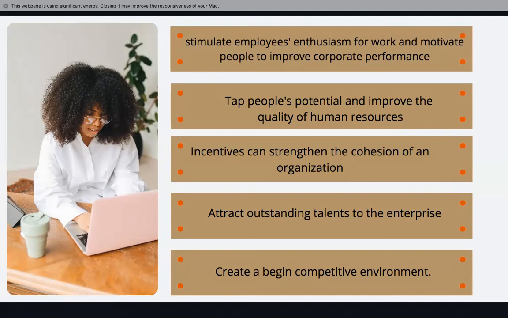Effective use of workplace incentives to mobilize employees' enthusiasm for work is an important way. For example, regular motivation for their work will make them feel that their work is recognized and their abilities are displayed. Second, incentives can tap people's potential and improve the quality of human resources.